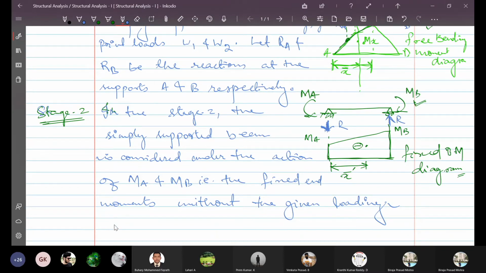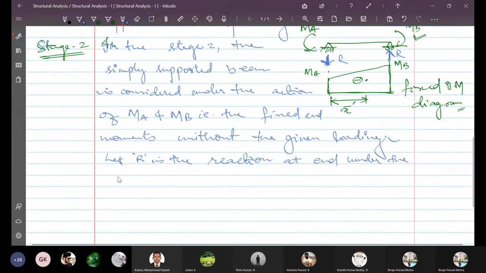So we are saying that let R be the reaction at end B, under the condition that MB is greater than MA.